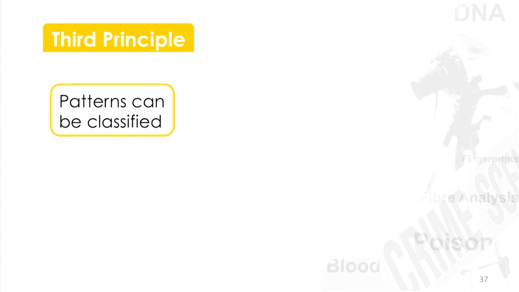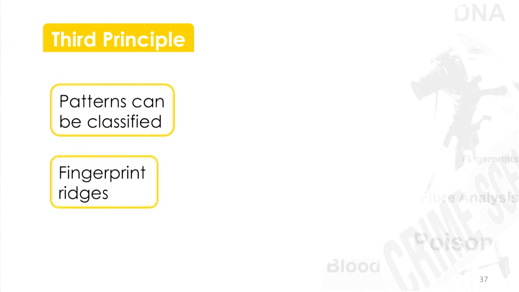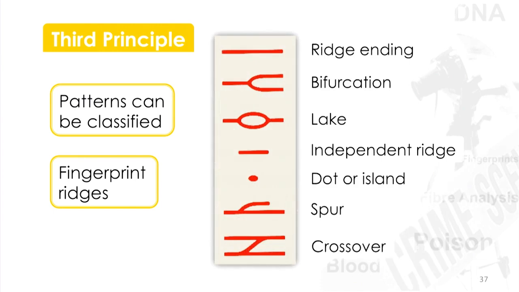The third principle is that the patterns can be classified, and this of course goes back to the work of Galton that we mentioned. The small features present in fingerprinting can be described in different terms, and you can see some of the terms here on this slide.